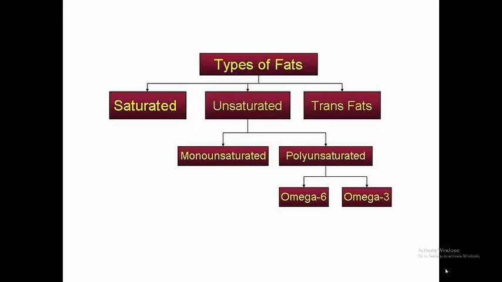A trans fat, and this should make complete sense, is usually a man-made structure. It was made in a laboratory, and man took some unsaturated fatty acids and stuck some hydrogens into those points of unsaturation, thereby converting that unsaturated fatty acid chain into a saturated fatty acid.